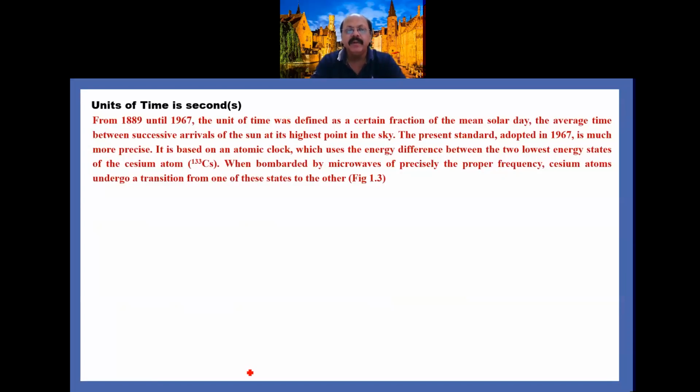1967, is much more precise and based on the atomic clock, which uses energy differences between the two lowest energy states of the cesium atom.